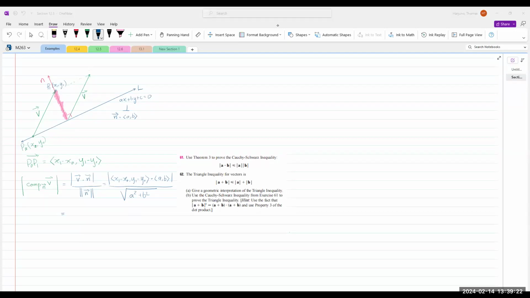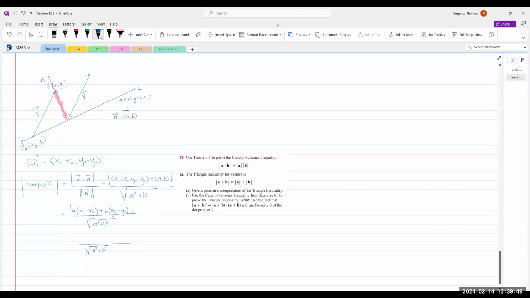On the top, if I do the dot product, I will get a times x1 minus x0 plus b times y1 minus y0, in an absolute sign, over the square root of a squared plus b squared. Distribute the numerator, and I will rearrange at the same time.